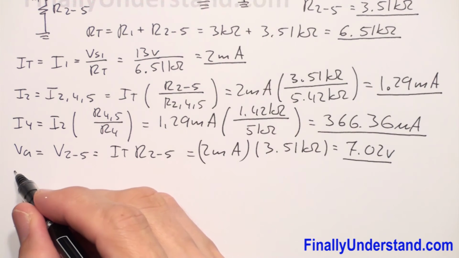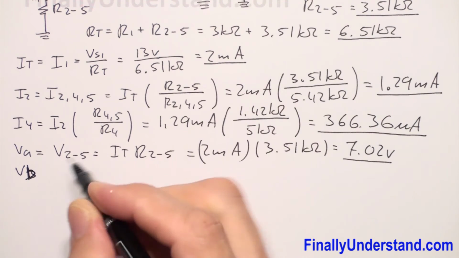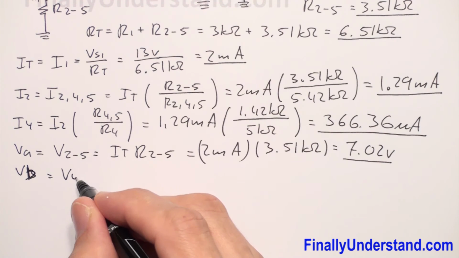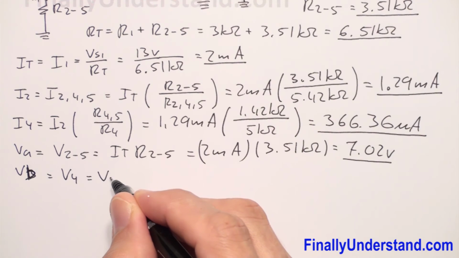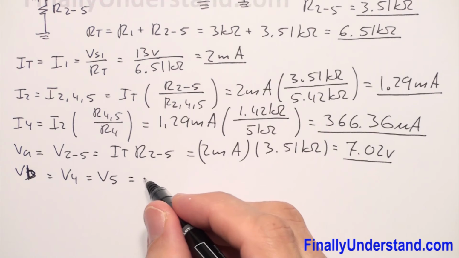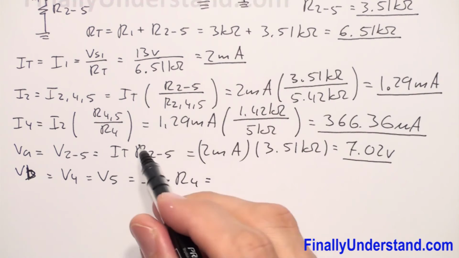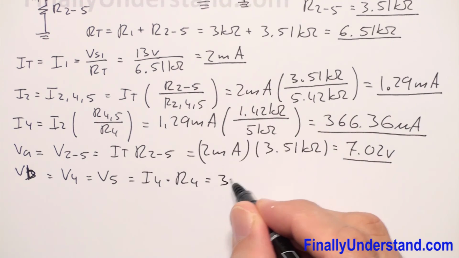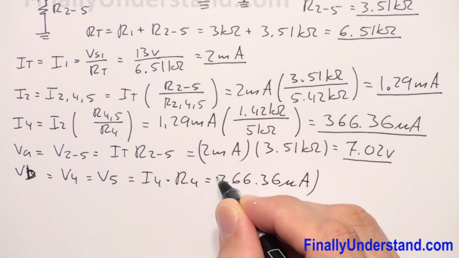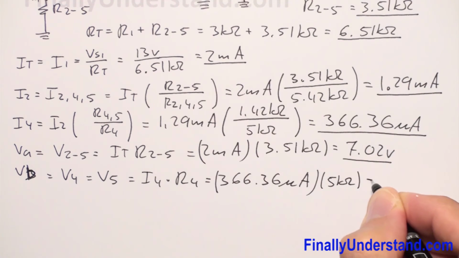If I want to find VB, it is equal to the voltage across resistor 4, and this is also equal to the voltage across resistor 5. I can say this is equal to I4 times R4, where I4 we found is equal to 366.36 microamps, times R4, 5 kilo ohms.